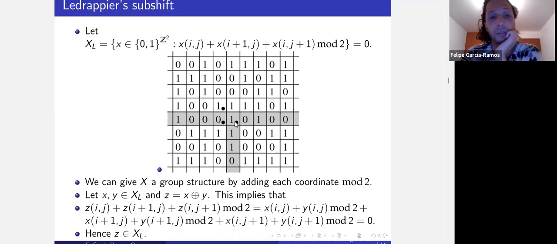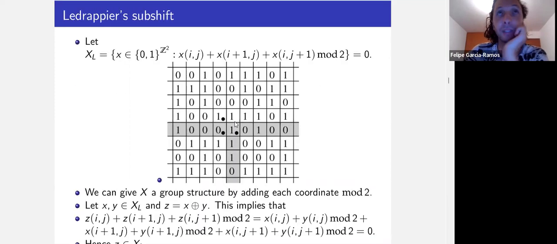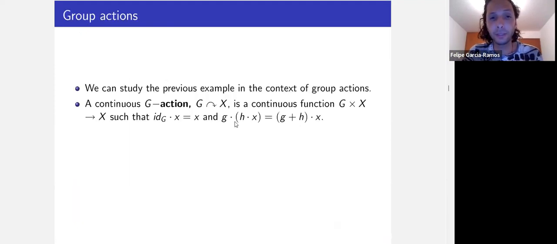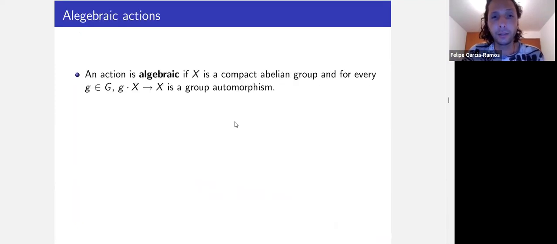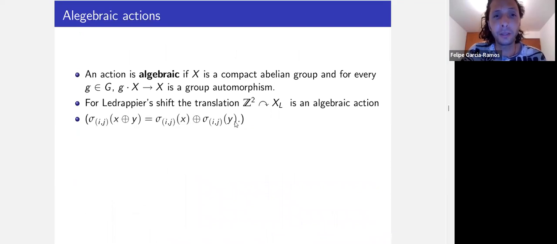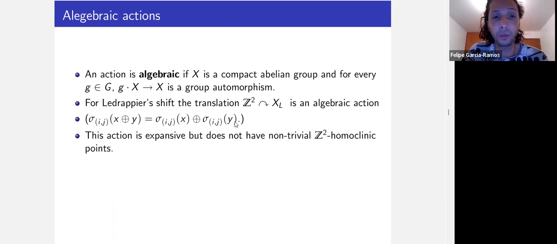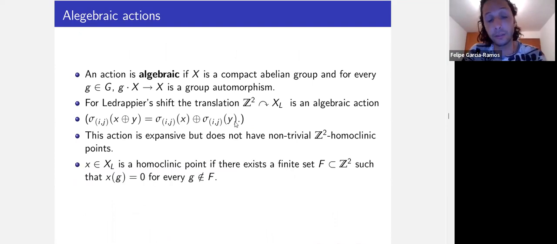So it's kind of determined. If you have a boundary with all zeros, inside there can only be zeros. Okay, this does not always happen, because you can have algebraic actions with homoclinic points, but I'm just saying that this is something that doesn't happen in this example.